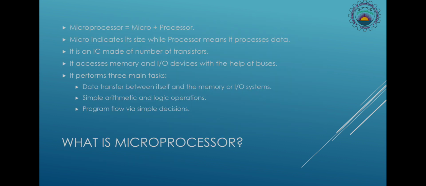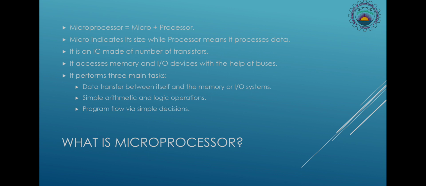Now we have to discuss what a microprocessor is. As the name shows, there are two parts, micro plus processor. Micro indicates its size, that the size of a microprocessor is very small, and processor means it processes data. And data is of two types.